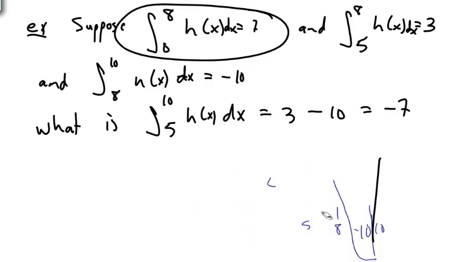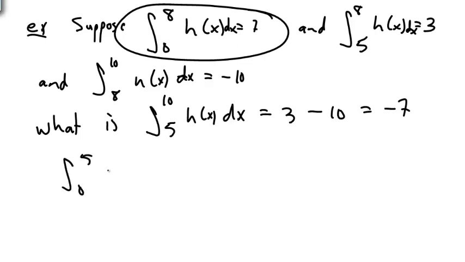You could have just said, well, what other information do we know? We know that if you go from 0 to 5 of h of x dx, from 0 to 5 has to be 4. Because all from 0 up to 8 is 7, from 5 up to 8 is 3. The rest must be 4.